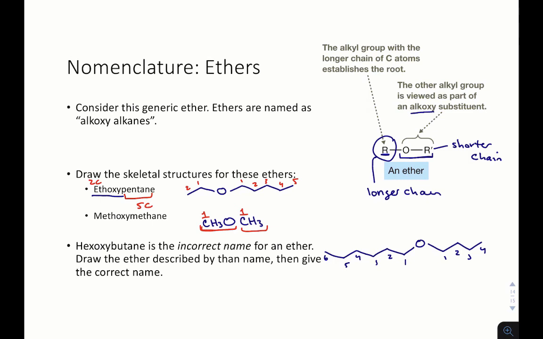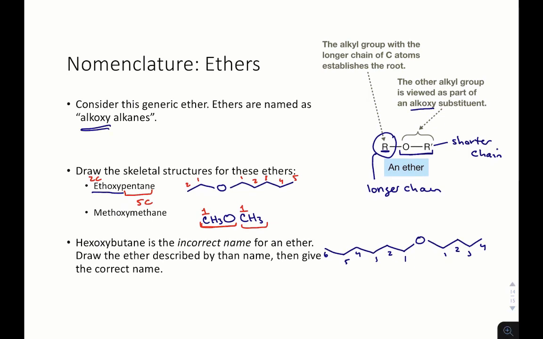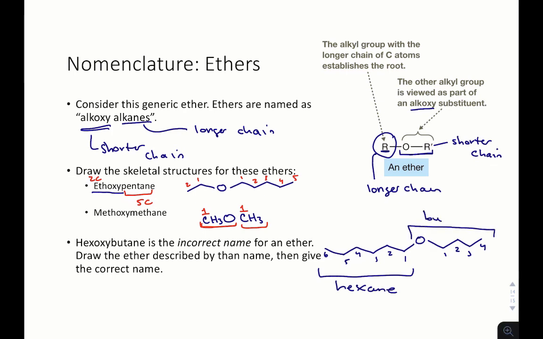Well, why isn't that the right name? Right, the alkoxy part is the shorter chain, and the alkane part is the longer chain. So in fact, the 6-carbon chain should have been hexane, and this should be butoxy, but for 4 and oxy for oxygen. So that should be butoxyhexane.